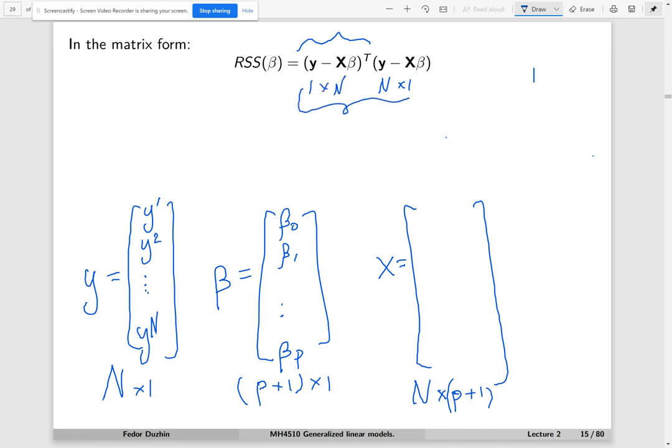And the product of 1 by n and n by 1 is just a 1 by 1 matrix, and it is a scalar. And if you check it, you will see that this is actually just the residual sum of squares. This is our loss function from the previous slide, only it is written in the compact matrix form.